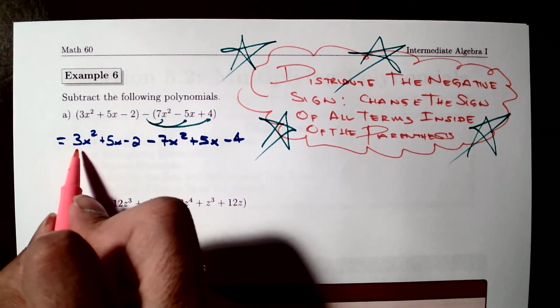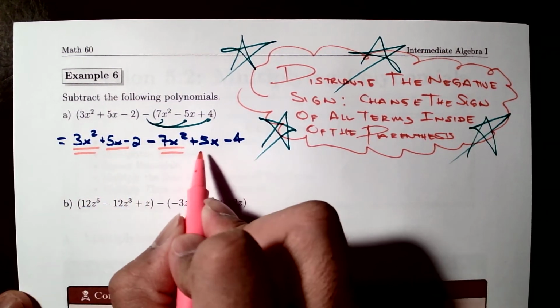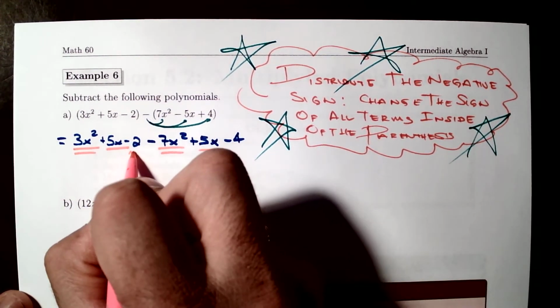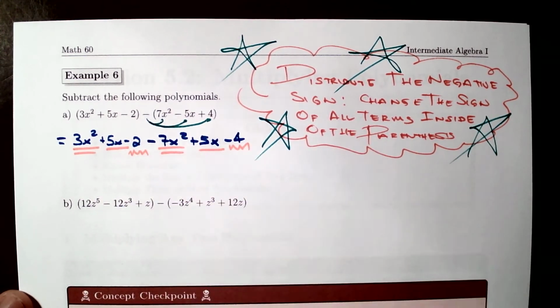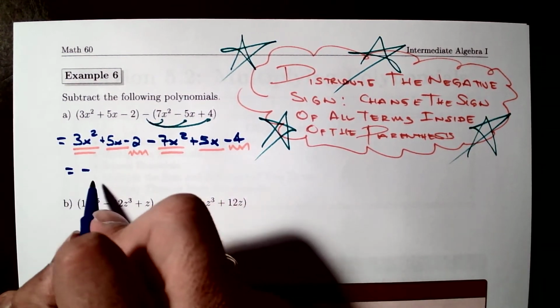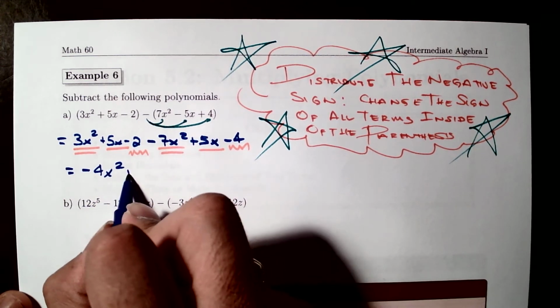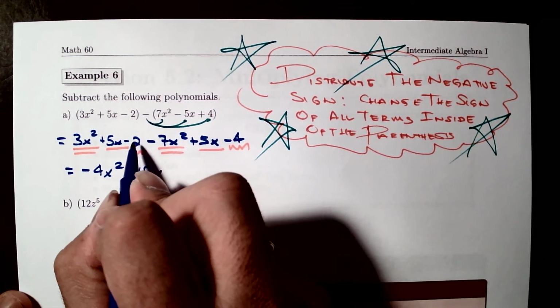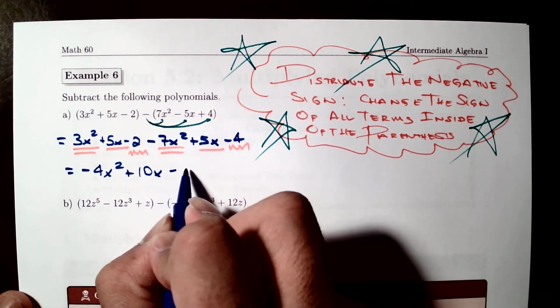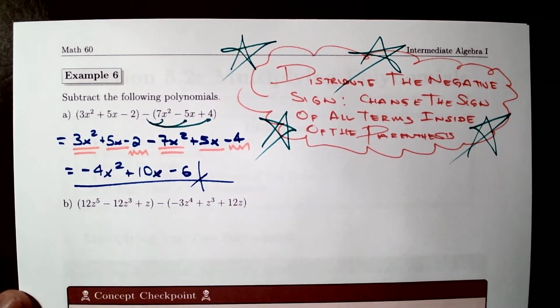So in this case, I have squares and squares, first power with first power and constant term with constant term. So let's go ahead and combine those. 3 minus 7, that's a negative 4. And then 5x plus 5x, that's a 10x. And then negative 2 minus 4, that's a negative 6. And we're done with this one.